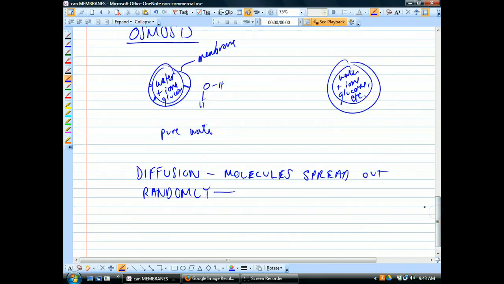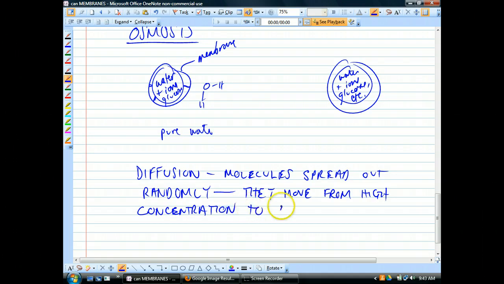Or the way that your book says it, they move from where they have a high concentration, where there's a lot of them, to where they have a low concentration.